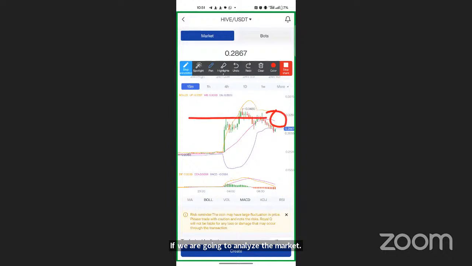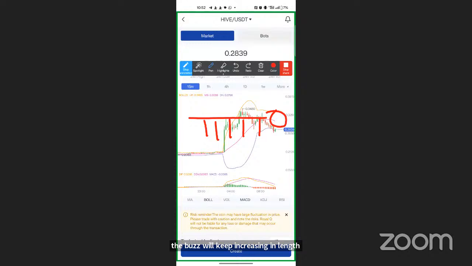So when the market forms what we call histograms, just to show you what the buyers or the sellers are doing. If the sellers are many, the bars will keep increasing in length.